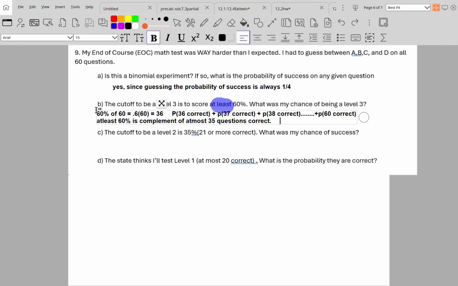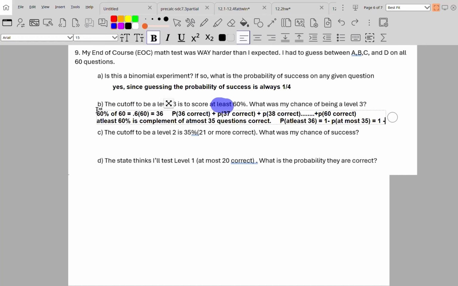So what we're going to do, and the reason we're using at most 35, is because it's easier. The binomial cumulative density function finds the cumulative probability all the way up to the desired number of successes. So since it's a complement, the probability of at least 36 is going to be 1 minus the probability of at most 35. All right, that's the fun part.